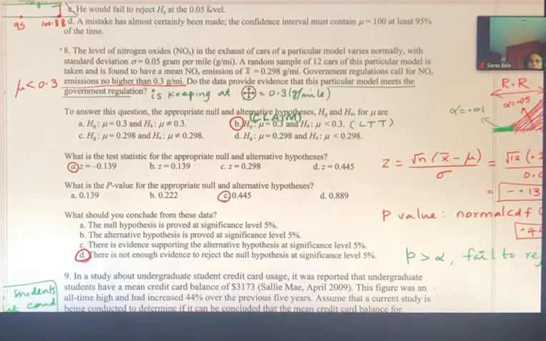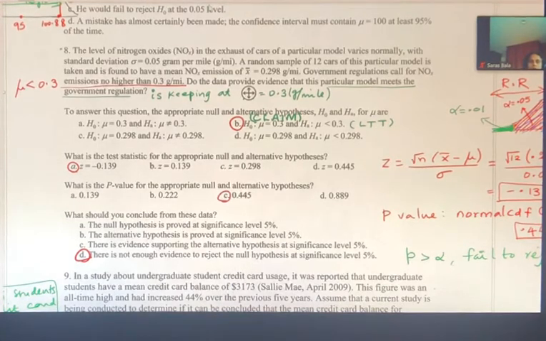So here the sample is 12 cars, x bar is 0.298, and the standard deviation is given to be 0.05 grams per mile. You are given a statement: the government regulations call for NOx emissions no higher than 0.3 grams per mile.